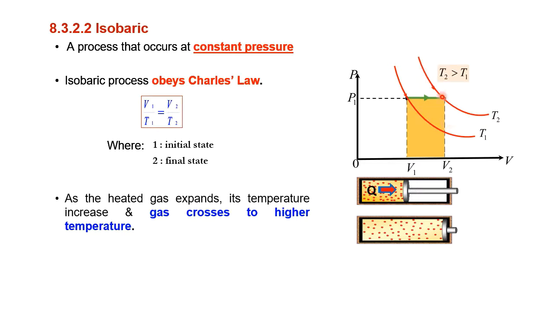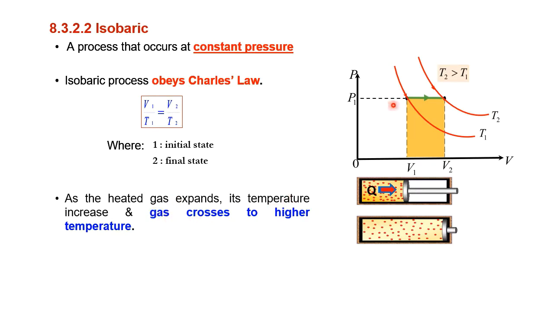These two red curves are actually the isothermal processes. And please take note, T2 has a higher temperature than T1. As the gas is heated, the gas then expands and its temperature increases.